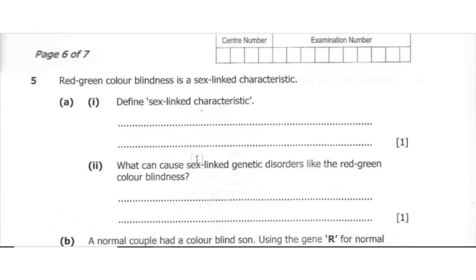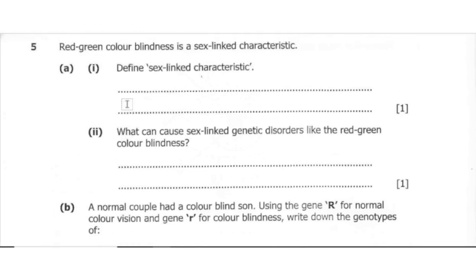Question number 5 is: red-green color blindness is a sex-linked characteristic.